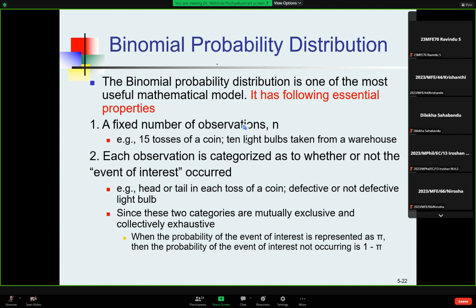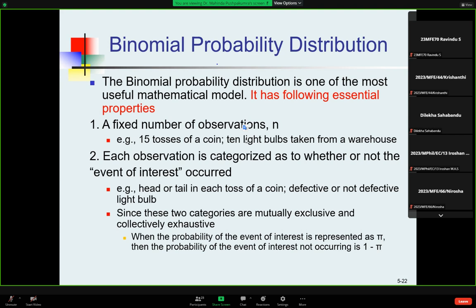You can't get both head and tail simultaneously. That means if you receive head, then at the same time you can't see the tail. If you receive tail, same time you can't see the head. This is what we call mutually exclusive.